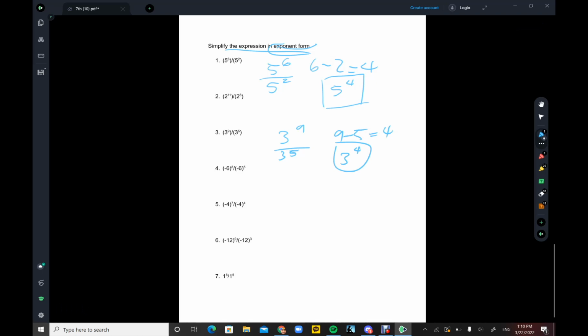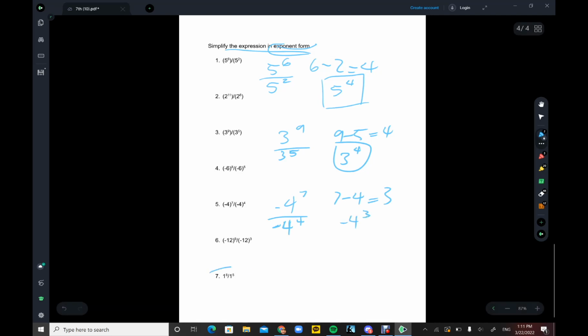Let's try number 5. Number 5 again, negative 4 to the 7th power over negative 4 to the 4th power. There's nothing different. Even if there is a negative here, it's still the same concept. You subtract the exponent. 7 minus 4 equals 3. So you get negative 4 to the 3rd power.